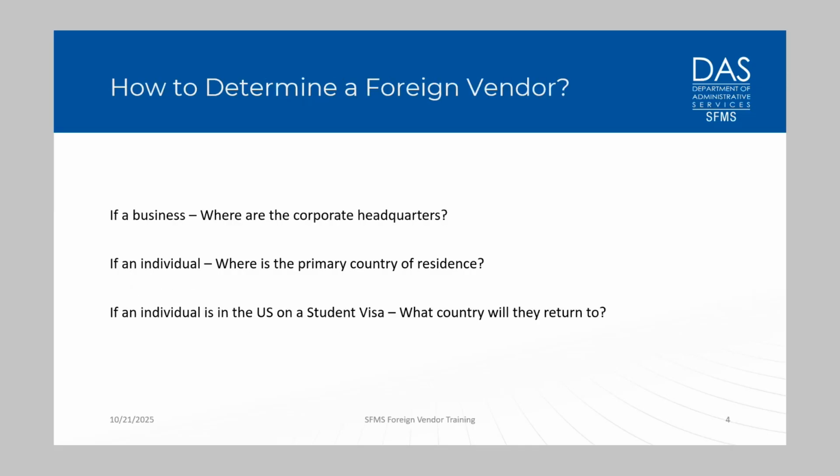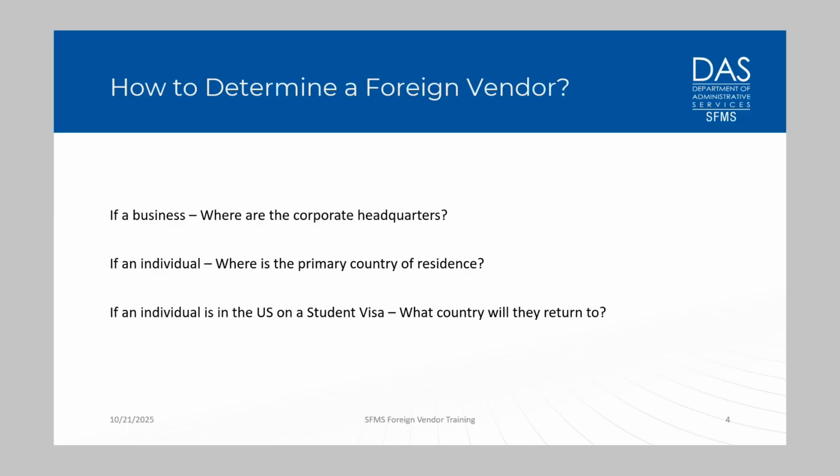So basically, we're going to ask you to determine if this is a foreign vendor prior to entry into R-stars. You're going to go out on the web and say, if this is a business, where are the corporate headquarters? Where are they incorporated? Are they incorporated within the U.S.? That's where they reside.